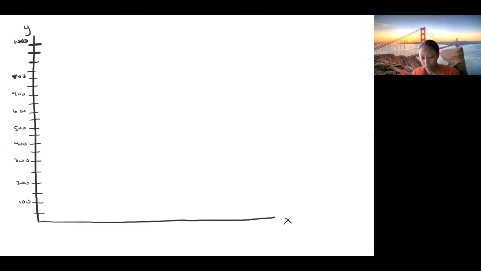Okay, might as well put 900 in there. I don't know why I skipped it. 900. And then on the x-axis, we'll do the same thing. So that's 1, 2, 3, 4, 5, 6, 7, 8, 9, 10, 11, 12, 13, 14, 15, 16, 17, 18, 19, 20.